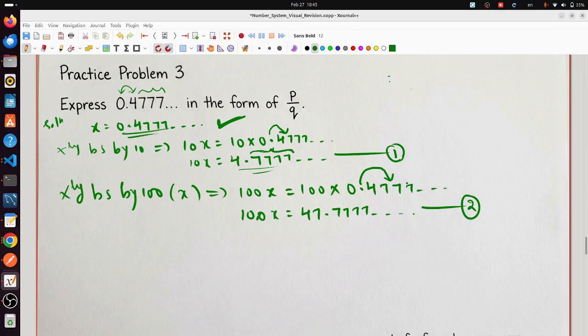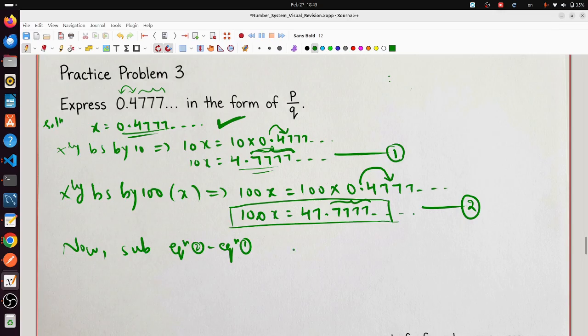Now if you see, here we have repeating terms, here also we have repeating terms in equation 1. That's why we need to subtract equation 2 and equation 1. What will we get? This is equation 2, that is 100x minus, this is equation number 1, 10x as LHS.